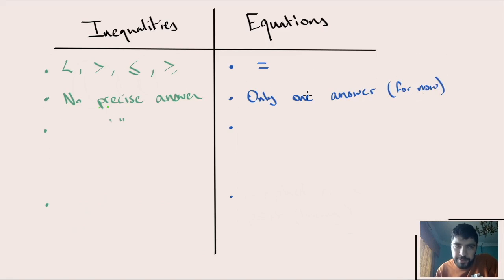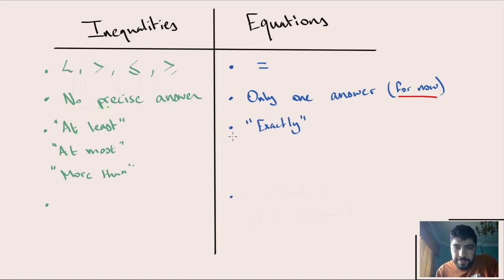And only one answer for now. There are more advanced equations that give you 2 answers, but we won't deal with that yet. And then with inequalities, you'll see words like at least, at most, more than, and many, many others. Okay, this is not an exhaustive list. Whereas with equations, it's always exact. You won't necessarily see the word exactly, but when they say each got $28, that means they got exactly $28.